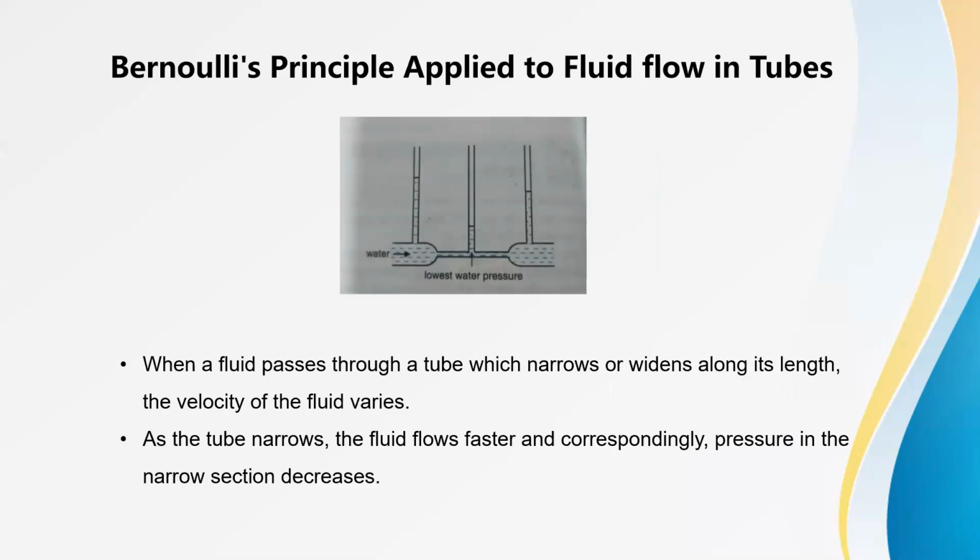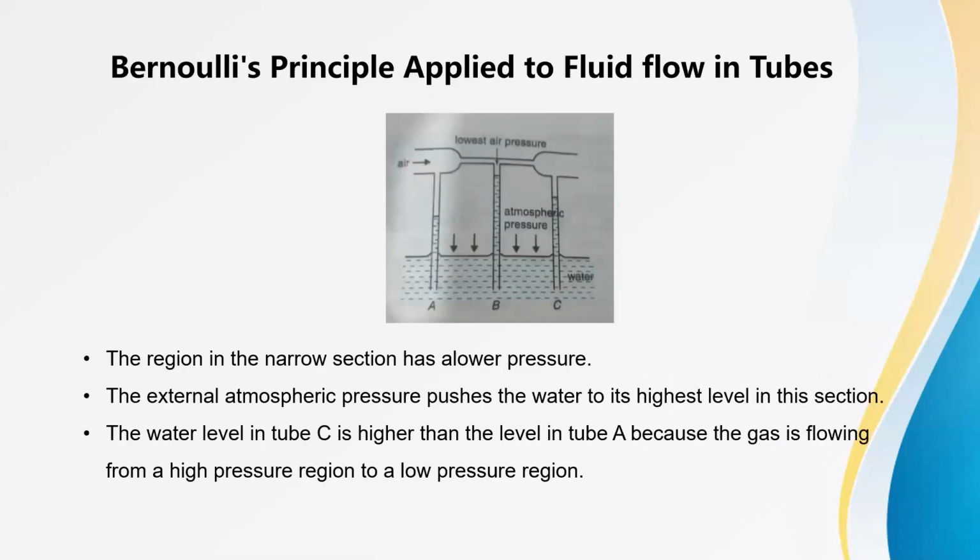When a fluid passes through a tube which narrows or widens along its length, the velocity of the fluid varies. As the tube narrows, the fluid flows faster and correspondingly, pressure in the narrow section decreases. When air is blown through a tube in the figure, the region in the narrow section has a lower pressure.